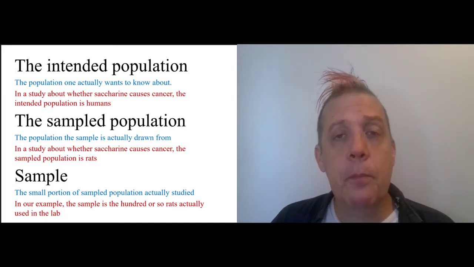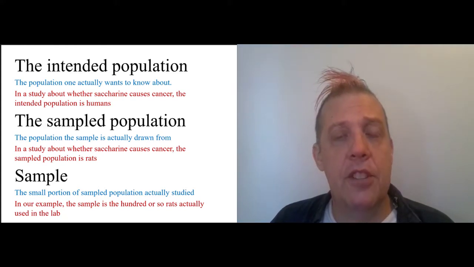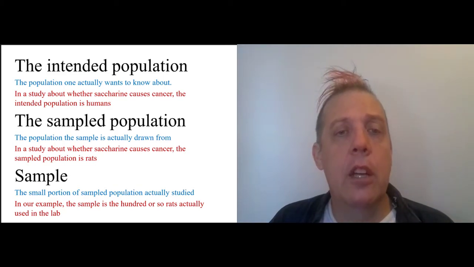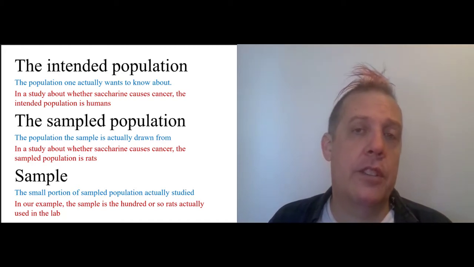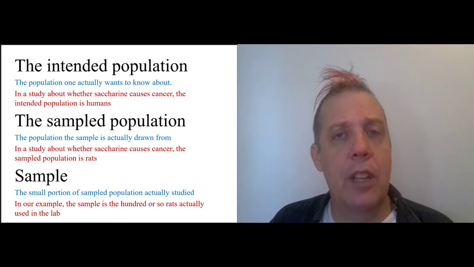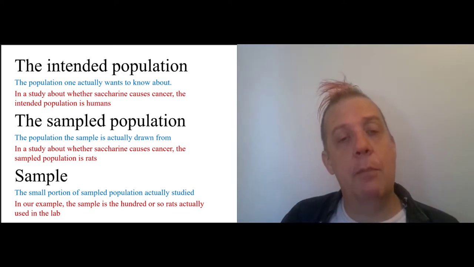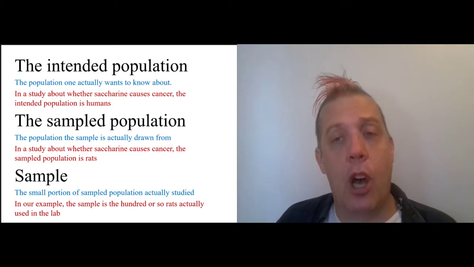For instance, if you want to do a survey on political attitudes, you might stand around a shopping mall, back when those were open, and interview people as they go by. Your intended population might be the entirety of the United States, but your sampled population is just people who go to shopping malls. And then the sample itself is the small number of individuals you actually talk to.